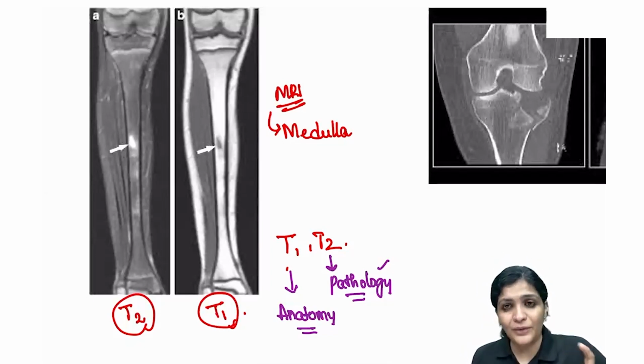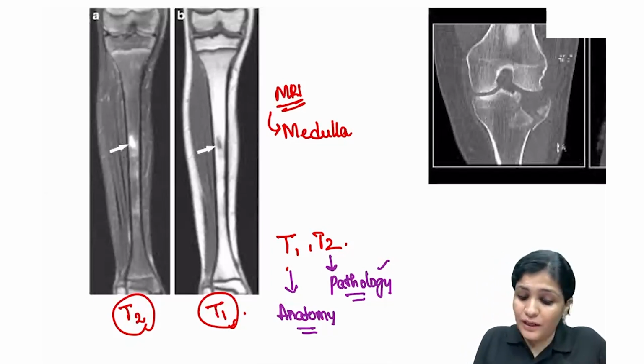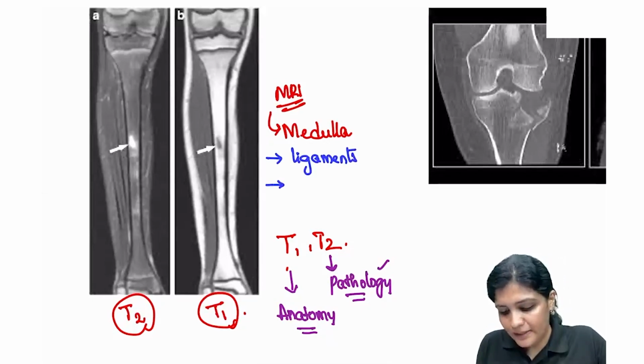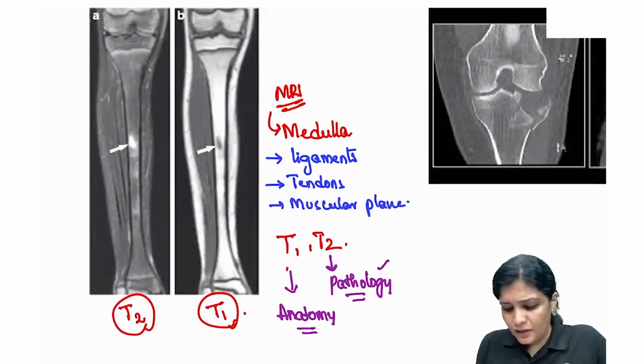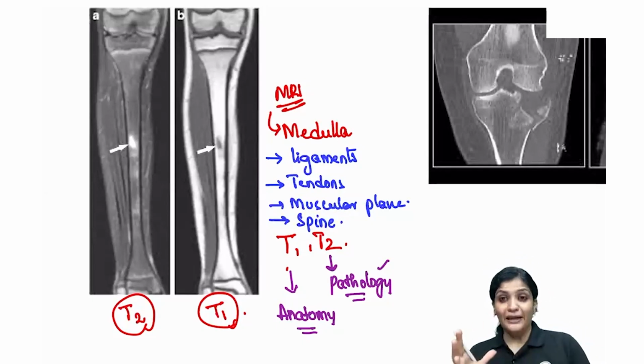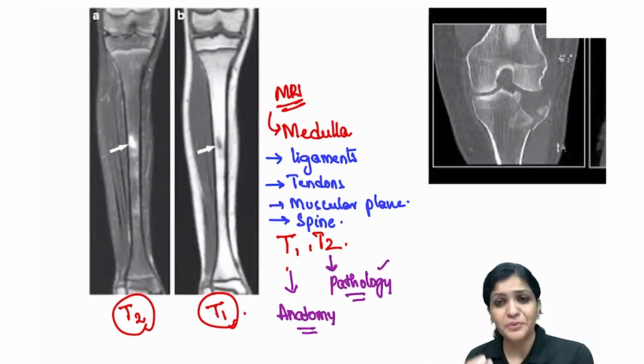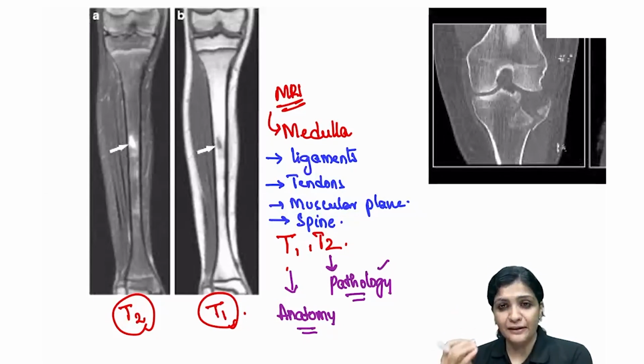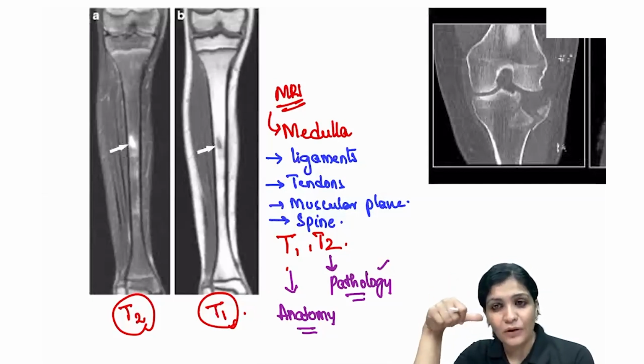So that is how we take help of the MRI, especially to understand about the ligaments. So whenever you want to read the ligaments, the tendons, and the muscular planes, and mainly the spine, we go for MRI, especially the spine: the PIVD, the lumbar canal stenosis, spondylolisthesis, the entire effect on these nerves, whether there is any impingement of these nerves, what is the spinal column, how is it present.